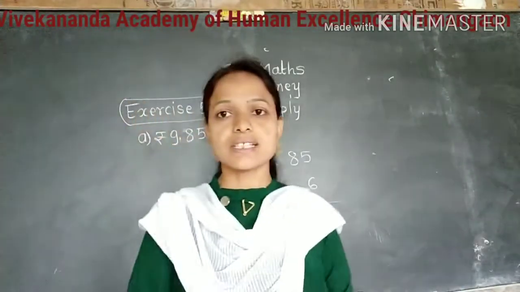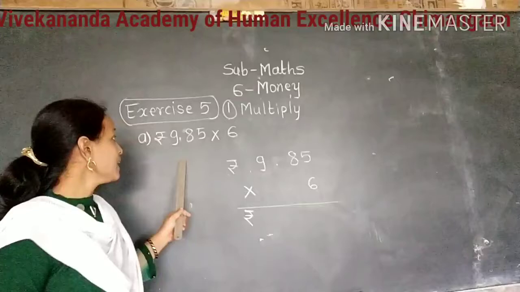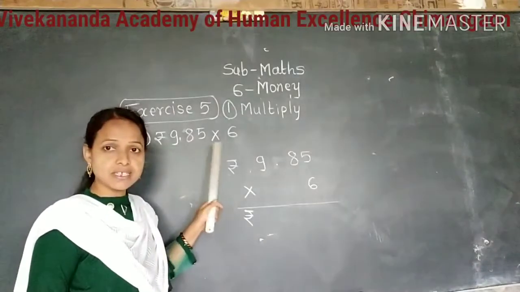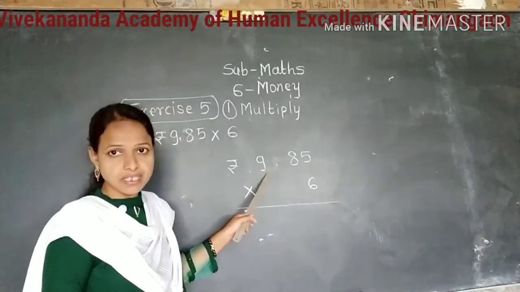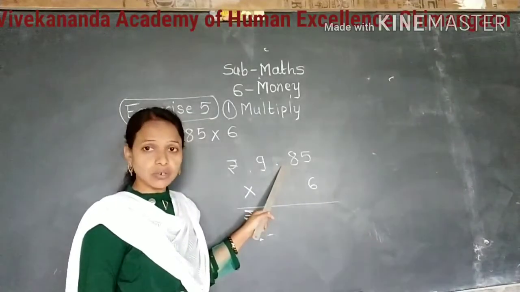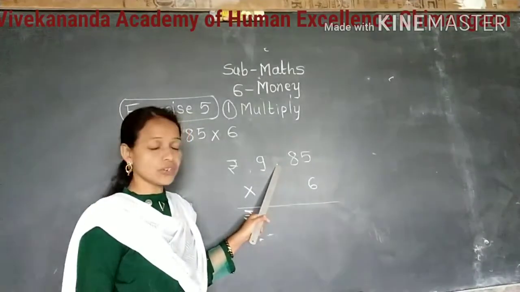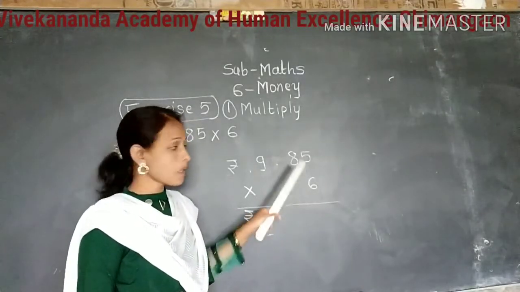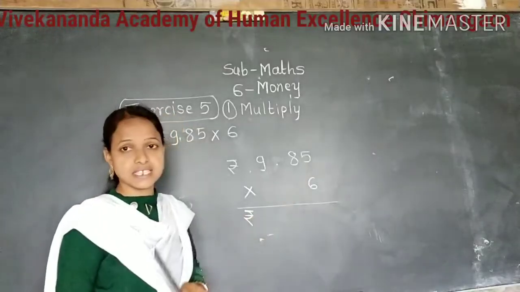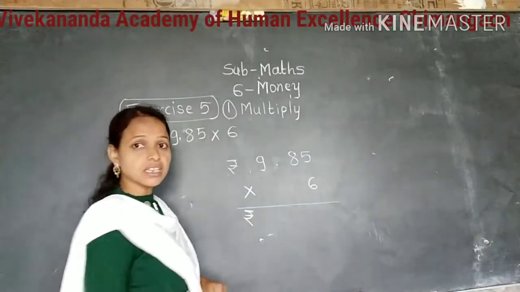Okay. Next example, multiply 9 rupees 85 paise by 6. Here I arrange rupees and paise in columns by putting the dot. We separate the rupees and paise columns. Now we multiply by 6. First we multiply 5 by 6. 6 5s are 30.